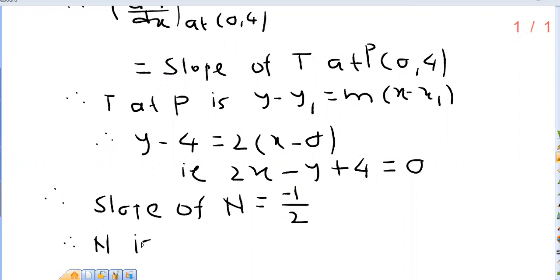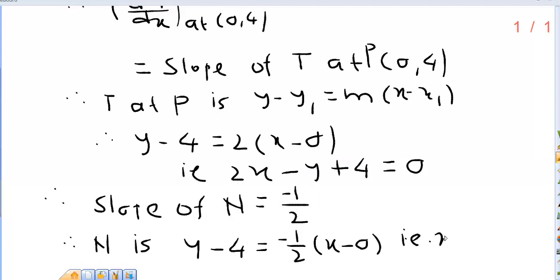The equation of normal is y minus 4, the point is the same, equals minus half into x minus 0. Rearrange the terms and tell me the answer. I think it will be x plus 2y minus 8 equal to 0. So this is the equation of normal to the curve at the point (0, 4) on the curve.